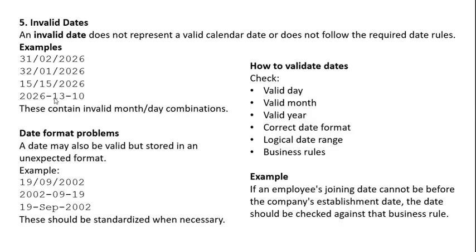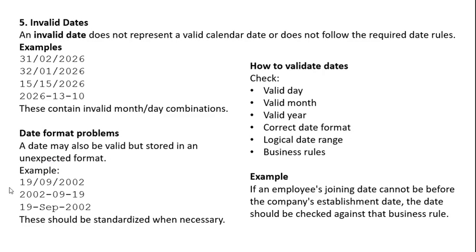A month as 30 is invalid too. These are constraints on invalid month and day combinations. There are also date format problems, where the date may be valid but stored in an unexpected format.